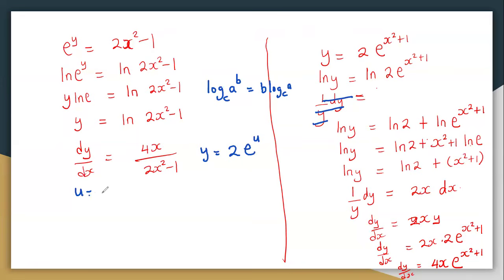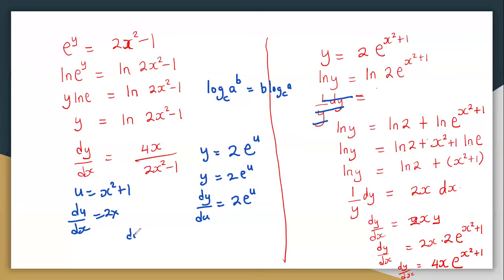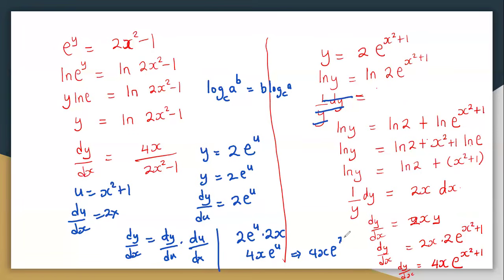Then my u is x squared plus 1, and du/dx is equal to 2x. Differentiating y, you get 2e^u. By the chain rule, dy/dx is dy/du times du/dx, so 2e^u times 2x. This gives you 4x e^u, and with u as x squared plus 1, this is 4x e power x squared plus 1.